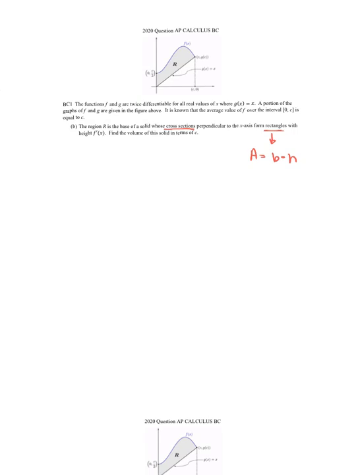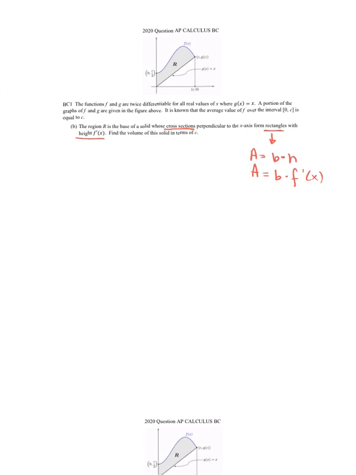That would be what we would integrate, that base times height value. Our height is defined to be f prime of x. So in this case, we can modify that area formula a little bit more: base times f prime of x.